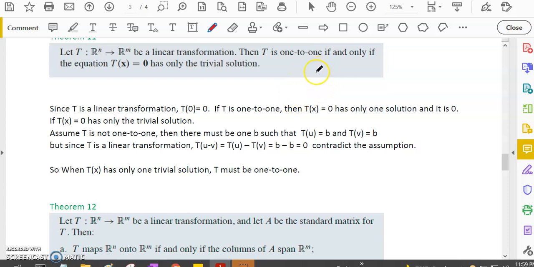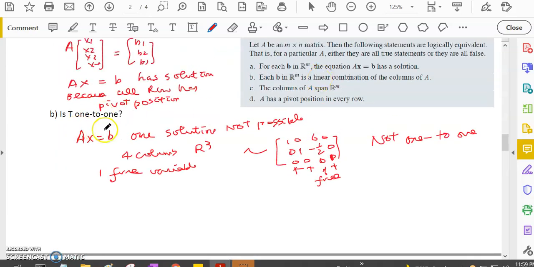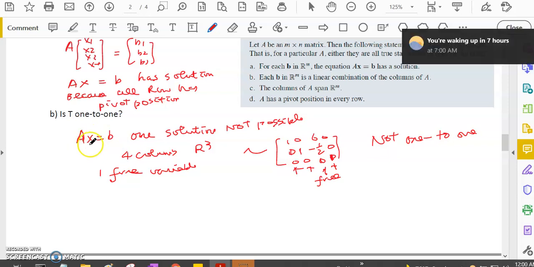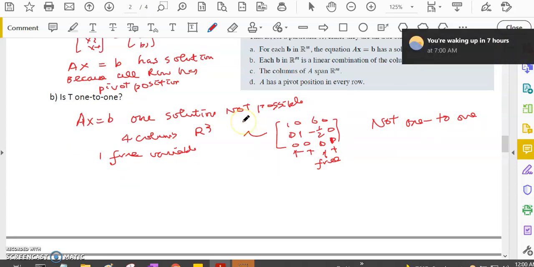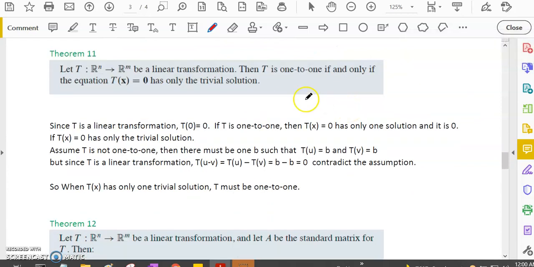So for one-to-one first. Remember, we discover if it is one-to-one by asking: can I find that Ax equal to b, for all b, has one unique solution? So only one x comes to it. What happens is, if it is one-to-one, then the theorem says T of x equal to 0 has only the trivial solution, which is 0.